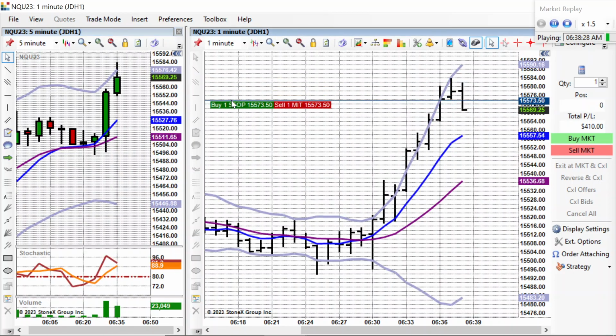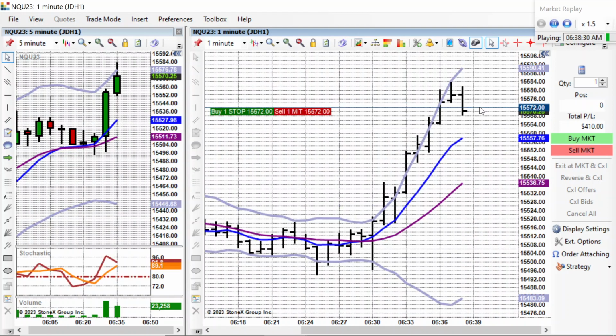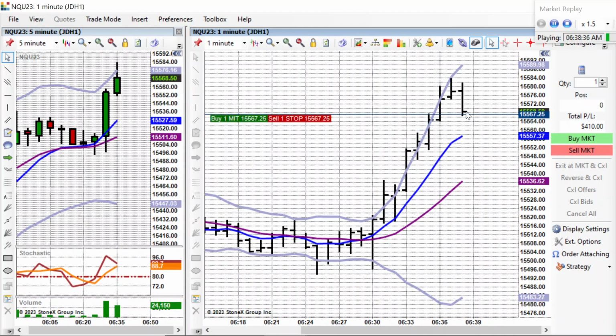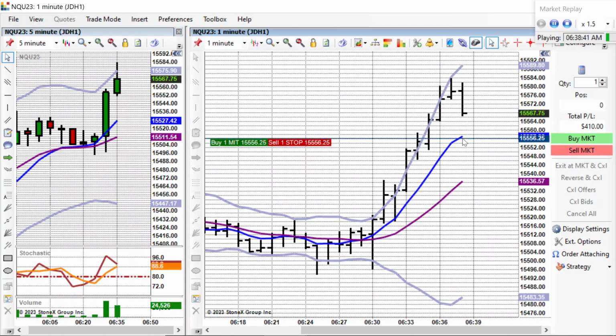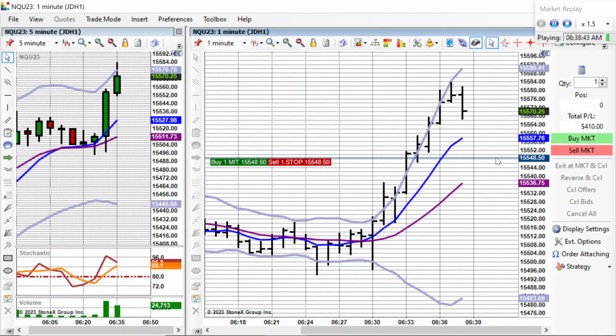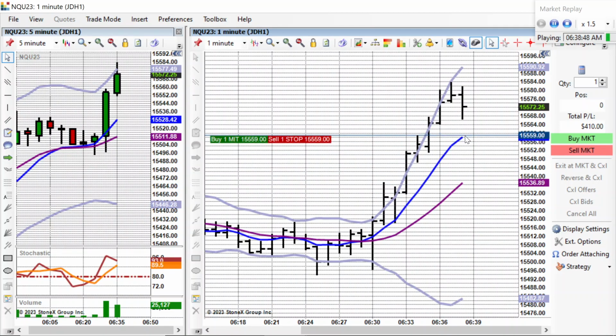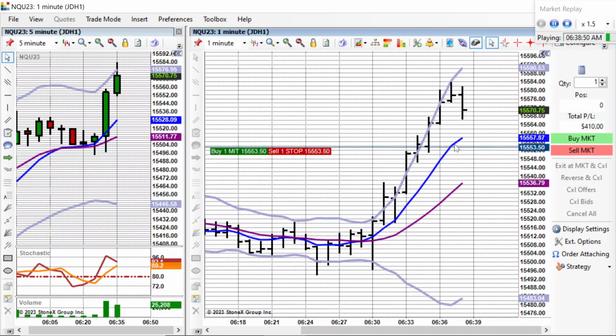Okay, now we're getting a pullback. Because this is such a long distance from the 8 EMA line, see how it's already bending inward? I'm going to wait till that touches that 8 EMA line and see how that looks. If that's bending inward towards the 14 SMA line, that's an indication I don't want to be long.